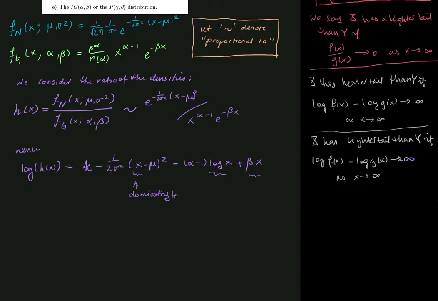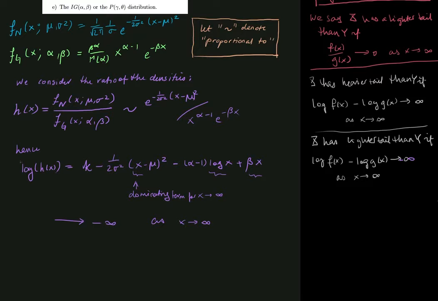And this dominating term, x squared, has a minus in front of it, which means that all in all, this expression will tend towards minus infinity as x tends to infinity, since when x tends to infinity, x squared tends to infinity, and minus x squared tends to minus infinity, and the rest of the terms just aren't significant enough to play in.